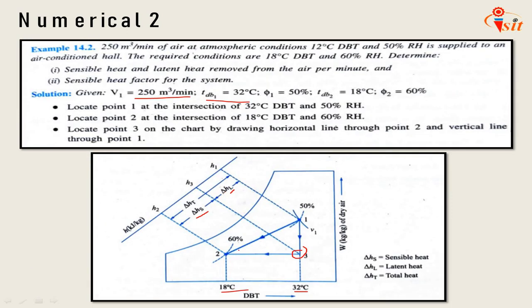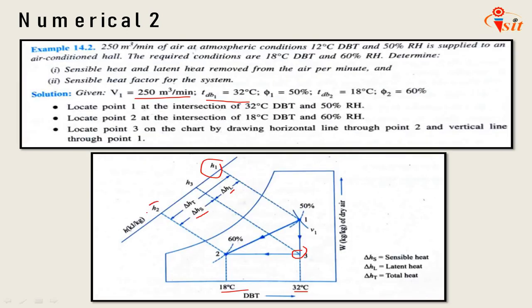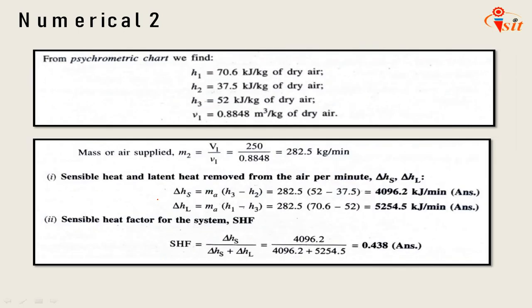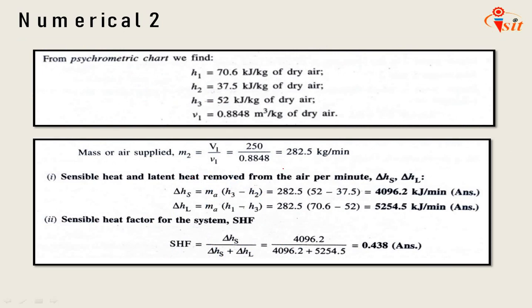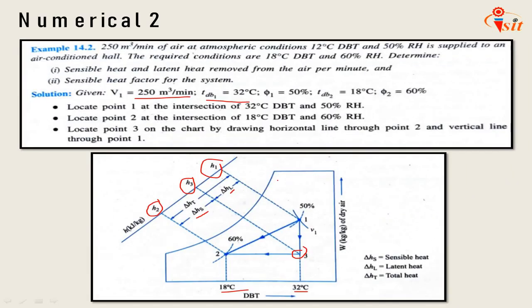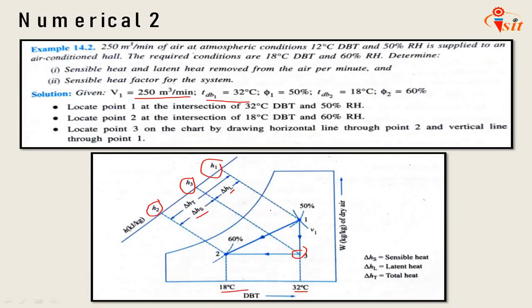By projecting on the enthalpy line, we get H1 as 70.6, H2 as 37.5 kilojoule per kg, H3 as 52 kilojoule per kg. And V1, we have calculated at point 1, that is 250 meter cube per minute. Per kg we are getting 0.8848 meter cube per kg of dry air. That is the specific volume we are getting from the psychrometric chart.